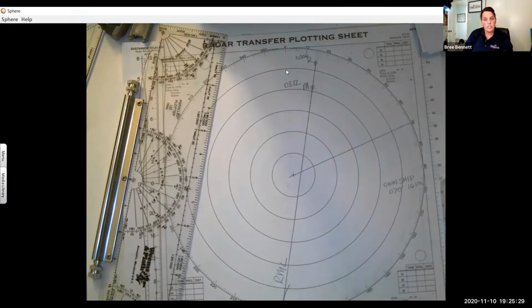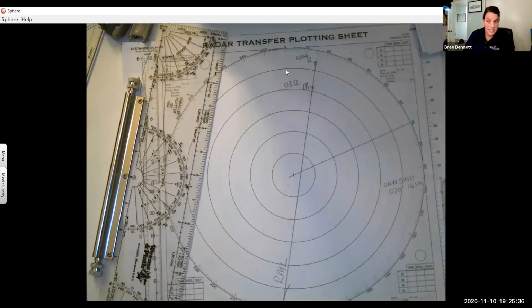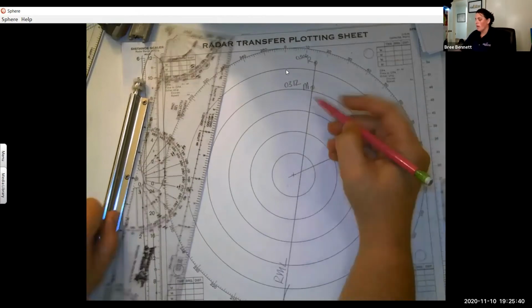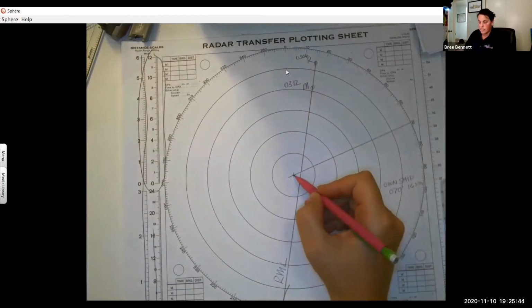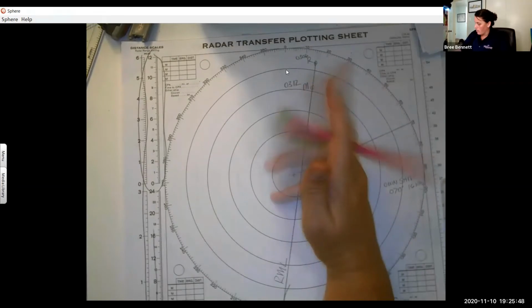They don't ask us for the direction of relative motion, but they do ask us for our CPA and our TCPA. Our CPA is going to be where this relative motion line gets closest to us, meaning the center of the scope.